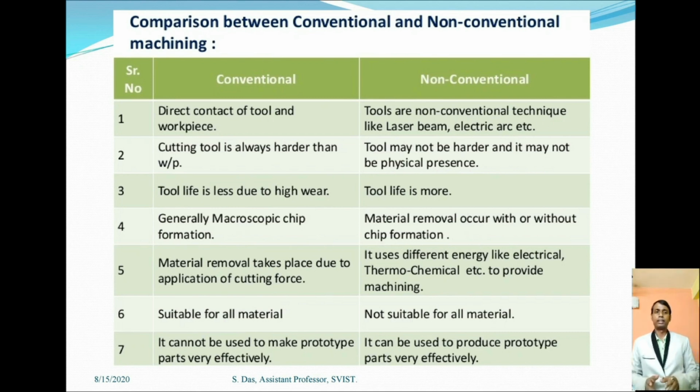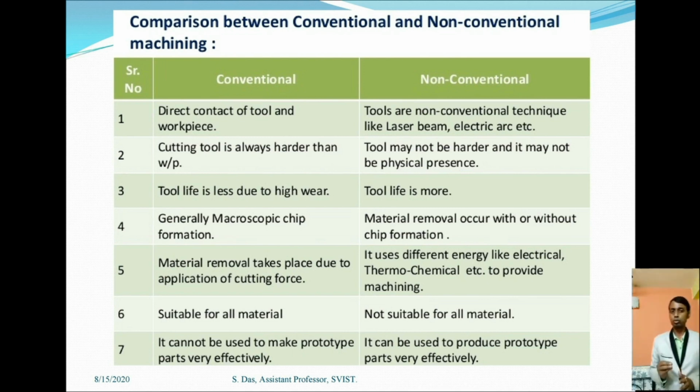Tool life is very low in conventional machining, whereas in non-conventional machining the tool life is very high. Material removal takes place due to the application of cutting force in conventional machining, while in non-conventional machining some energy source is required.